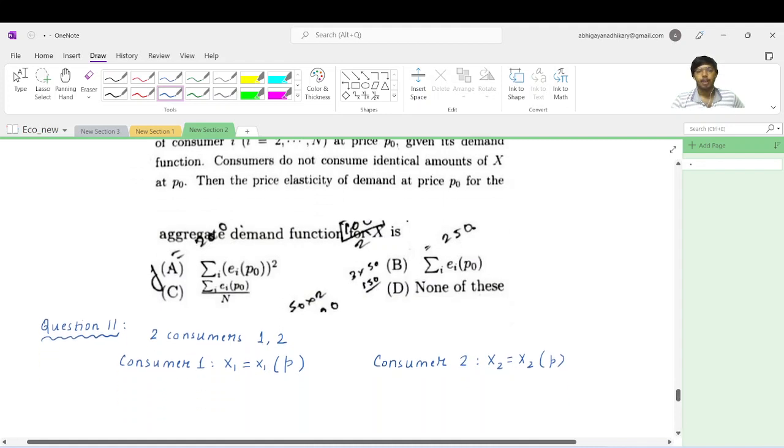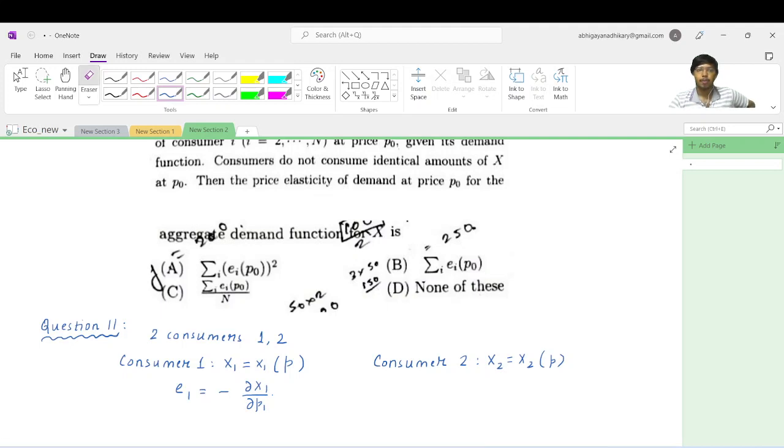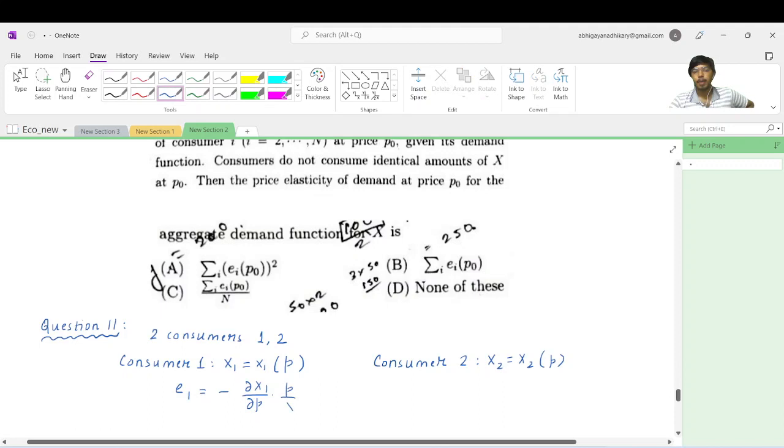Now, how do we define the elasticity of demand? The absolute value: it is minus del x1 by del p, sorry, not p1, just p, into p by x1. And similarly, the absolute price elasticity of demand for consumer 2 will be minus del x2 by del p into p by x2.